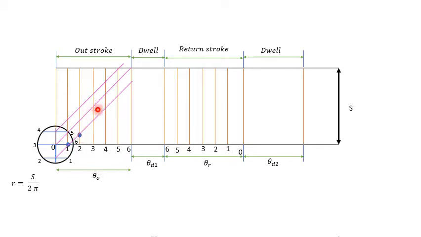Okay, similarly this second line consists of 2 points, 3 and 6. So wherever this line cuts the vertical lines 3 and 6, we have to mark the next cutting points. So this is 3 and this is 6.